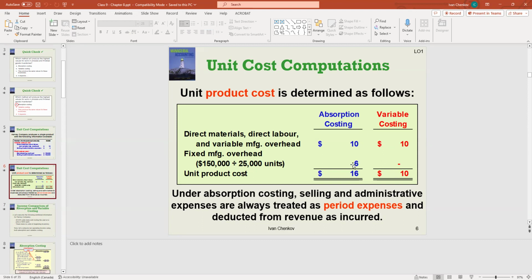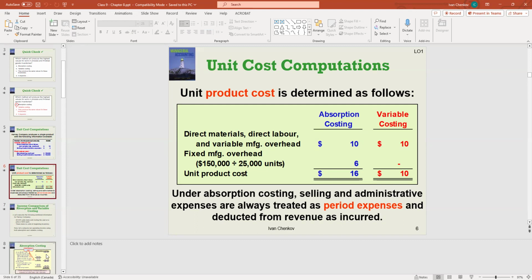Because absorption costing holds the $6 times 5,000 units, that's $30,000. Those $30,000 stay in our inventory under absorption, which we're not going to have in variable costing.